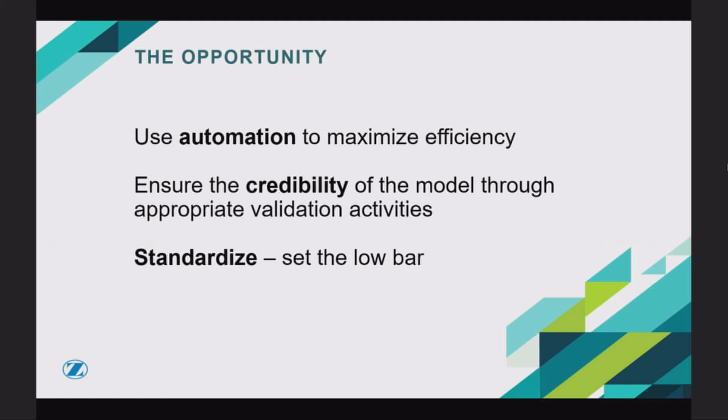Efficiency is great as long as we also have accuracy. How do we ensure the credibility of these sorts of models so that we have confidence that the predictions are correct? And once we do those sorts of things, how can we standardize the methods to set the low bar so that all players in this space really do need to demonstrate, need to follow these methods to use in silico methods, but to also use them accurately and well.